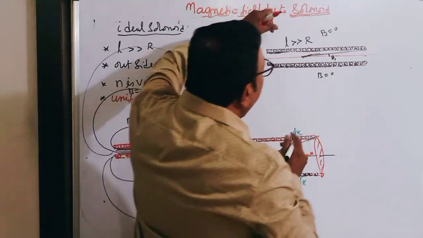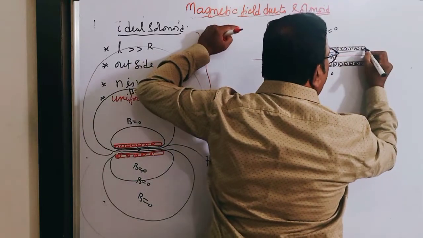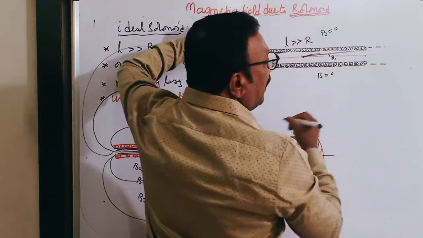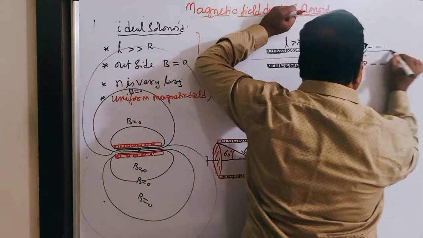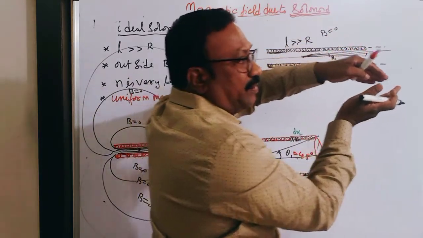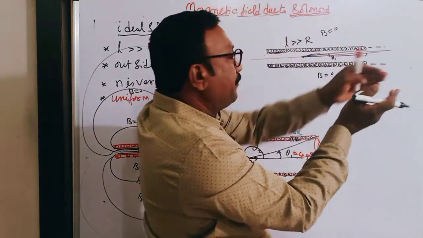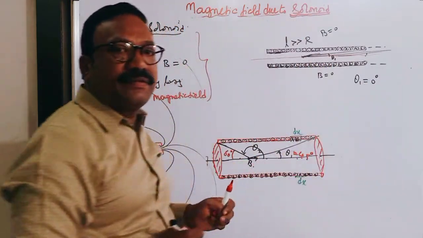See, this R is smaller, length is larger. So let me increase the length a little bit and decrease this R also. Then what happens? It comes closer to 0. R is decreased, length is increased, for example. So then theta 1 can be taken as 0 degrees.